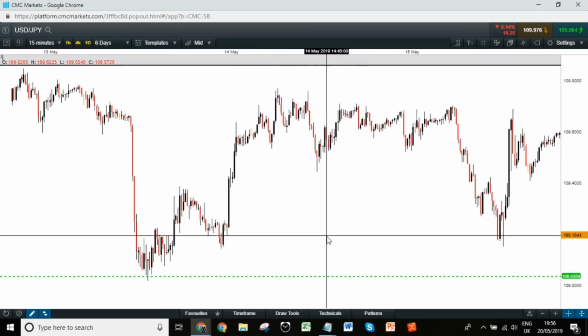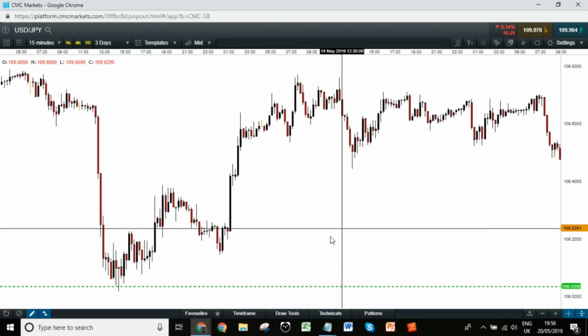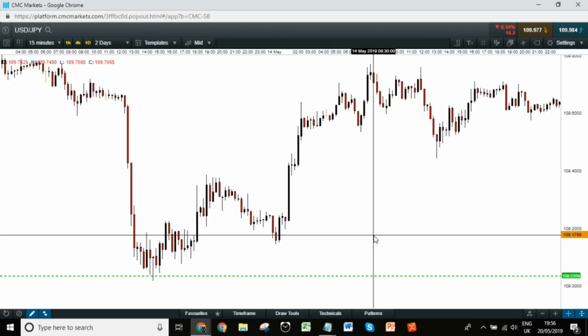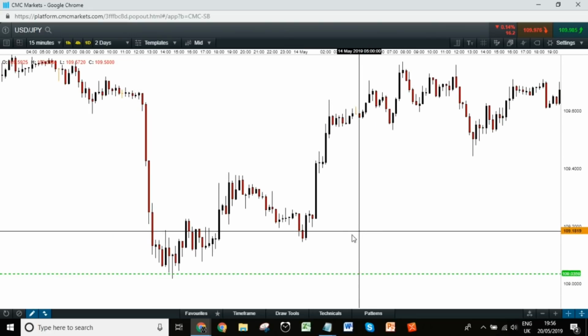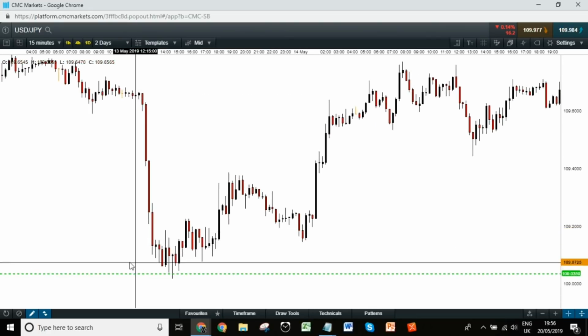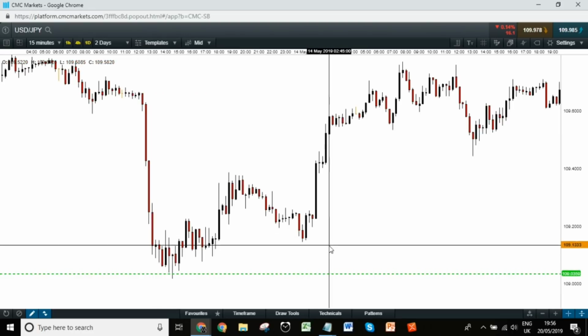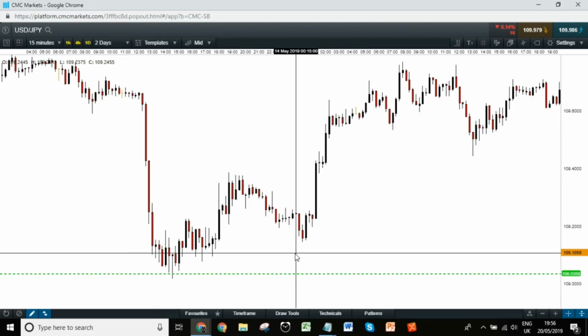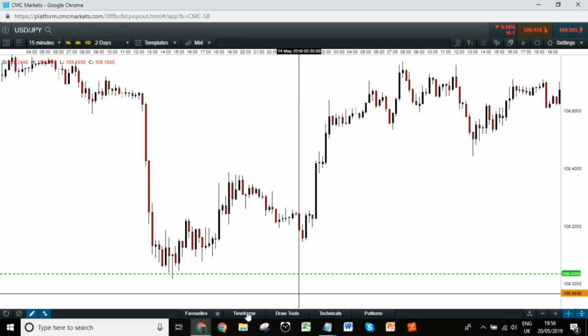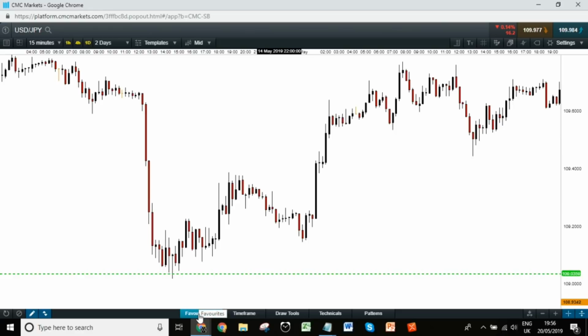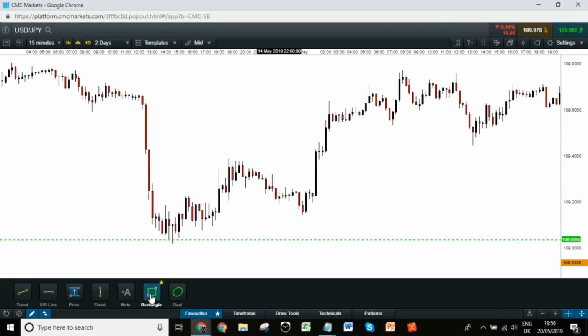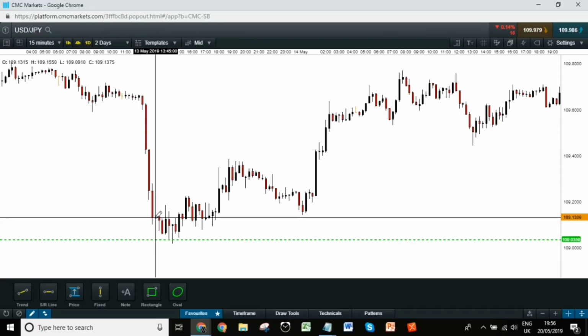So now, what do we see? Right now, we can see the ideal level. Now, there are 2 ways you could have played this. So number one, we have this area here.